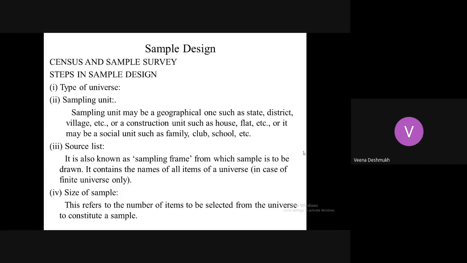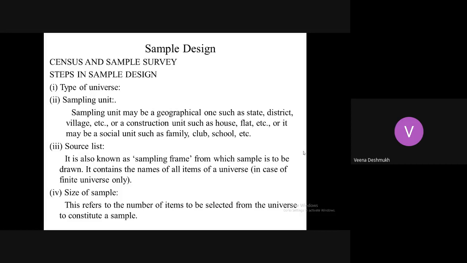Supposing you are collecting the samples above the age group of say 45 or 50. During this interval, most of them are vaccinated twice. I mean both the vaccines are taken. So depending upon your research definition, what exactly you are looking at, your type of universe or population should be properly defined.